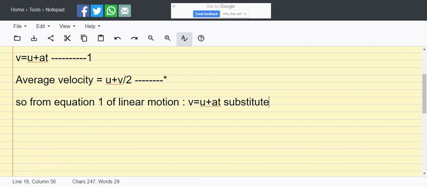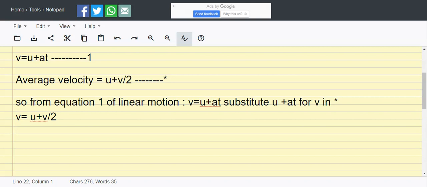We're going to substitute u plus at for v in equation star. So let's bring up our formula, which is average velocity equals u plus v over 2. Anywhere we see v, we're going to add u plus at.